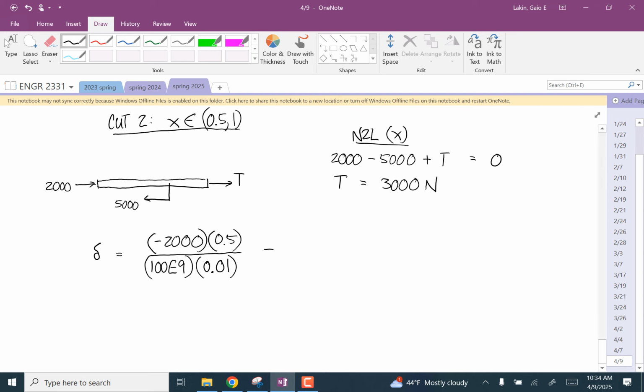And then we have the same thing for the second part. On the second part, our internal load is 3,000, positive 3,000. The length of the second part is 0.5. On the bottom, we have 100 times 10 to the 9 times 0.01.